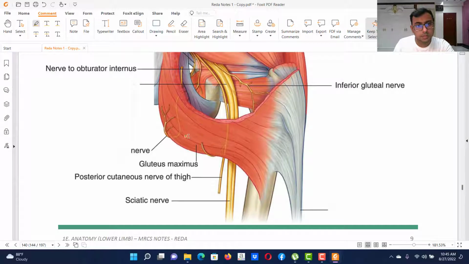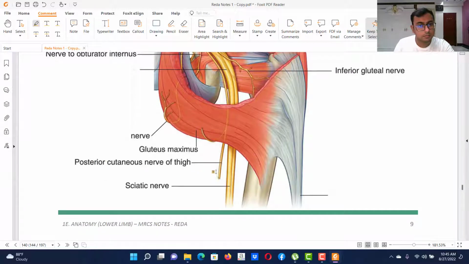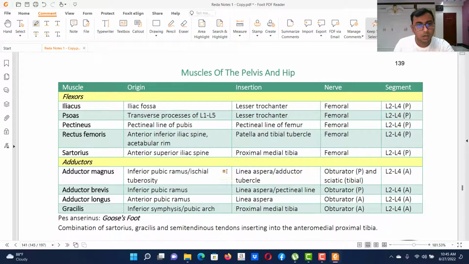So this is gluteus maximus. Now there are some pelvic and hip muscles: iliacus, psoas, and pectineus. These three muscles along with the rectus femoris and sartorius form the anterior compartment of the thigh.